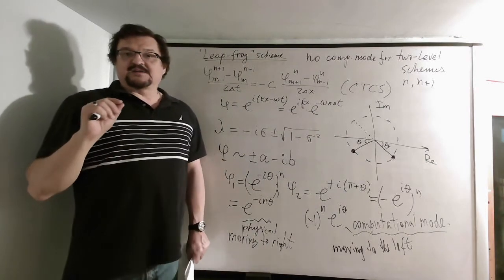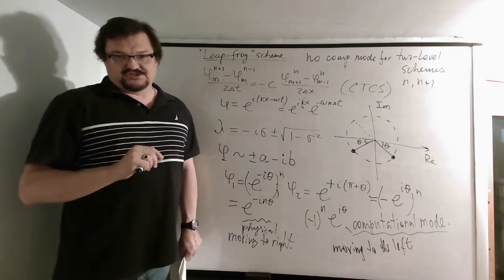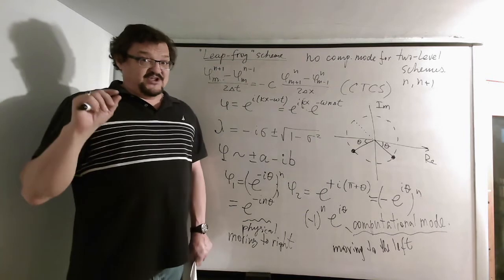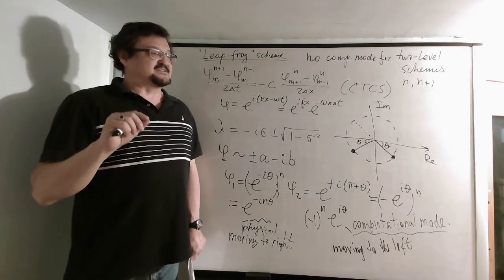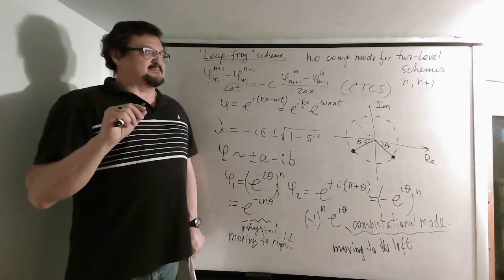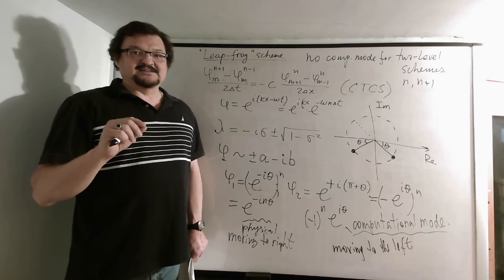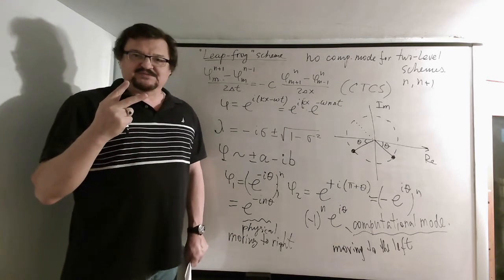As long as you use some other time level, n minus 1, you create computational modes. And sometimes you use even more than that. You can create 2 computational modes. Like if you use a third-order scheme in time, you use time levels n and n plus 1, n minus 1 and n minus 2, then you will have 2 computational modes.